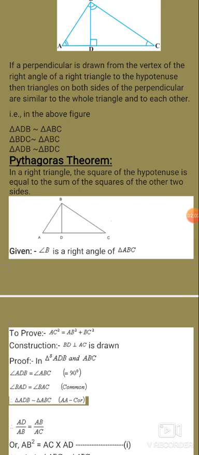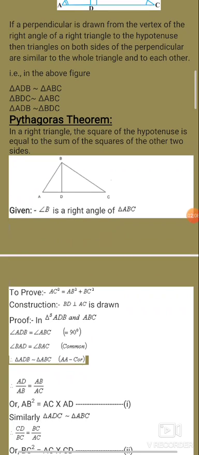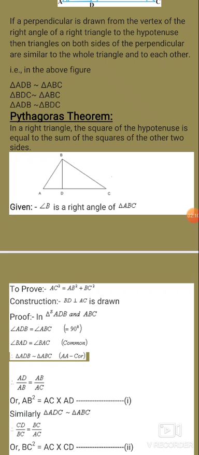Now in triangles ADB and ABC, angle ADB is equal to angle ABC, each 90 degrees, and angle BAD is equal to angle BAC, each angle A common. So triangle ADB is similar to triangle ABC using AA criteria.